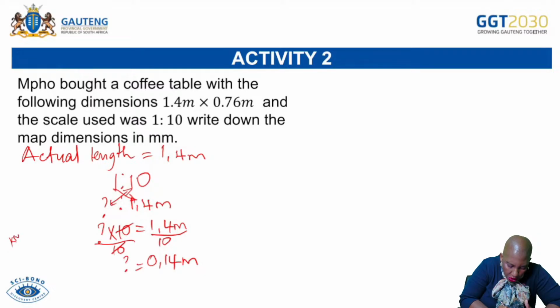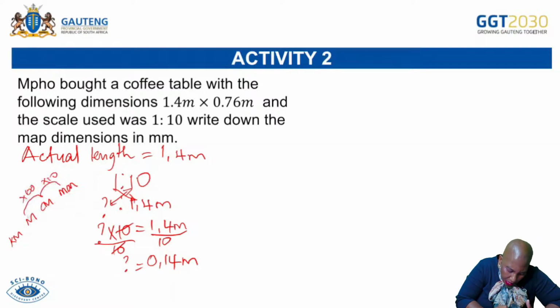So now I know, let me quickly do it here. I said kilometer, meter, centimeter, and millimeters. And then I know from here, I multiply by 10, and then I multiply by 100. That means it's 1,000. So from meters to millimeters, I have to multiply, because I have to get my answer in millimeters.